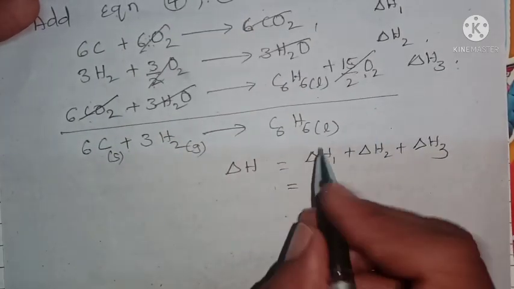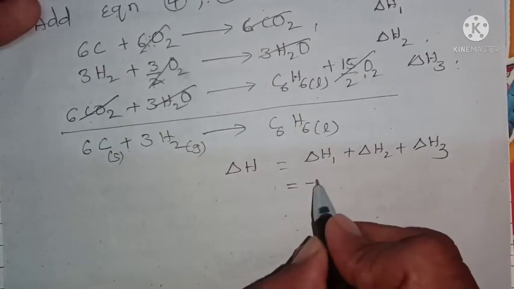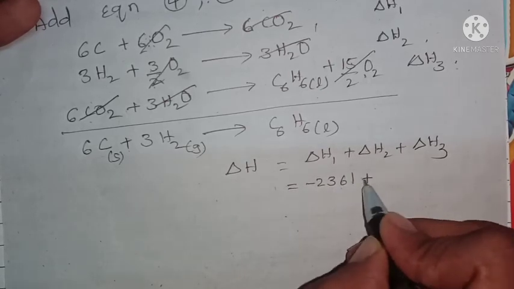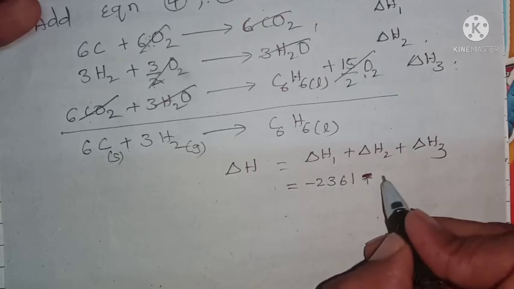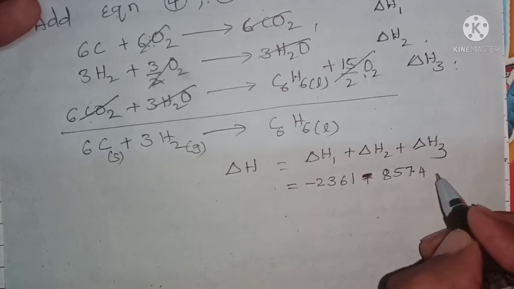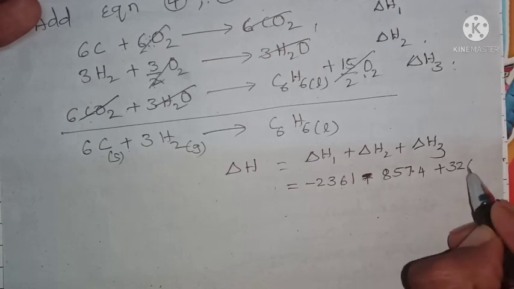Delta H1 value minus 2361, H2 value minus 857.4, and H3 value 3267.